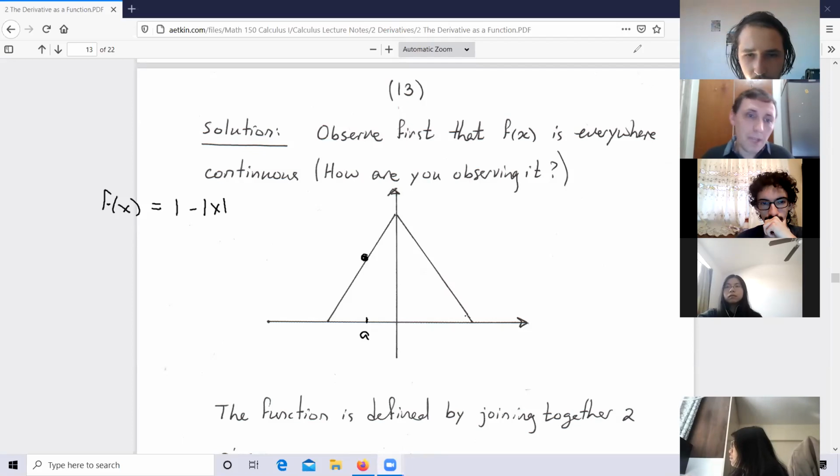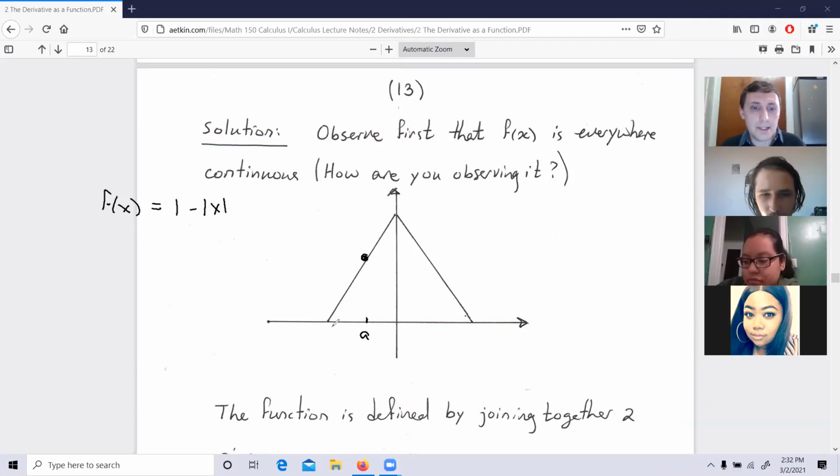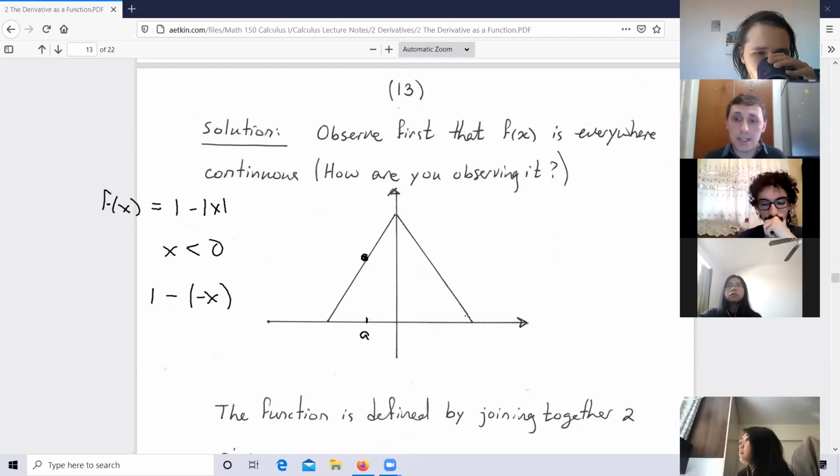So I see that the equation of this line, look at it, is 1 minus absolute value of x. X is negative. So what is that? If x is less than 0, this simply is 1 minus x. Do you remember? If x is less than 0, x is negative, and minus x is positive. Yes?